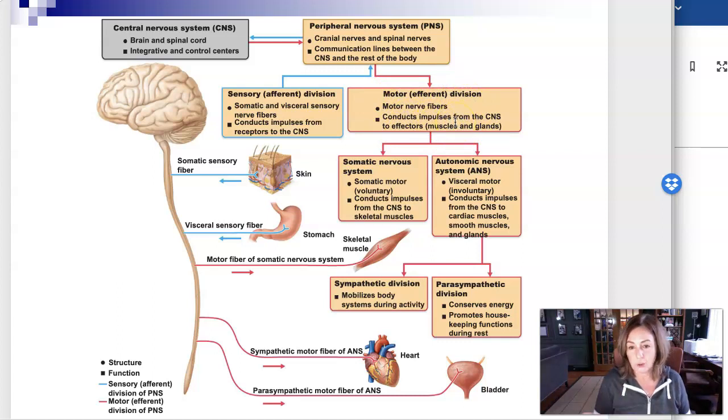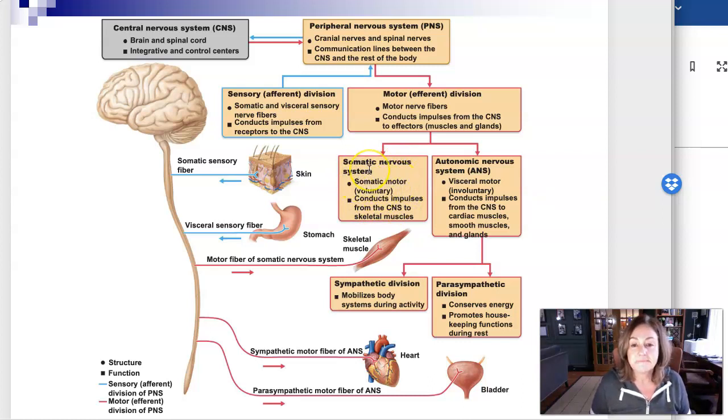So when we send a motor command out to the body, it can go to a voluntary target. There, we're talking about voluntary, like skeletal muscle, right? So the somatic nervous system controls skeletal muscle, and we talked all about that in Unit 4. So I'm not going to go back over that. And that's the neuromuscular junction that I'm referring to.